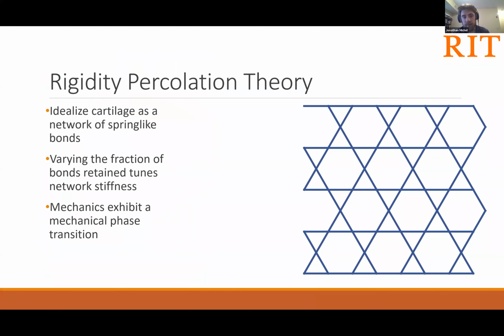These bonds can resist both bending as well as stretching and compression. By varying the density of bonds in this network, we can tune the stiffness of the network until eventually the network exhibits a dramatic drop in shear modulus. It's reminiscent of a thermodynamic phase transition.